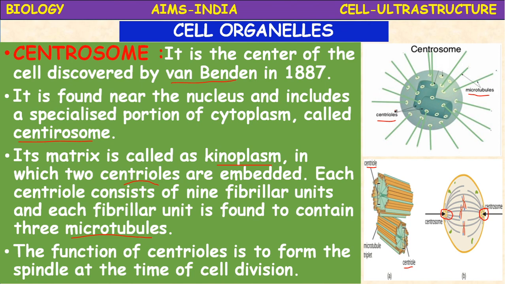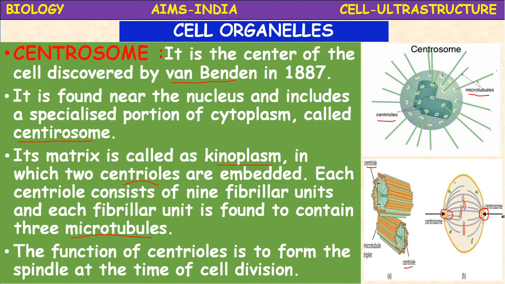The function of the centriole is to form the spindle at the time of cell division. In the second diagram you can see that at the time of cell division, some nuclear structures, such as the nucleolus and nuclear membrane, disappear. At the same time, the centrosome breaks to release these centrioles.